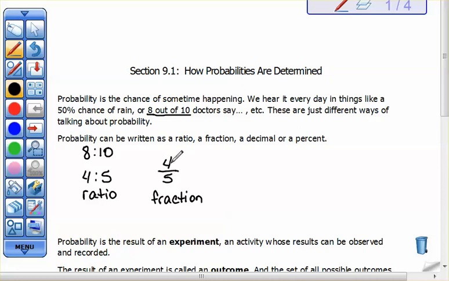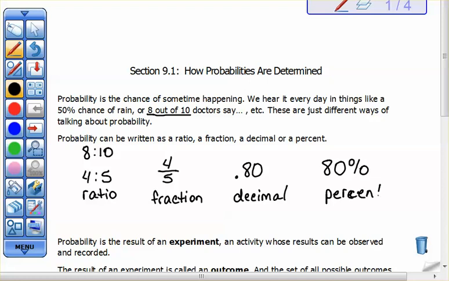So 4 divided by 5 on my calculator gives 0.80. That is the decimal form. And if you'll remember, to change things to a percent, we always move the decimal over 2 places. So as a percent, that would be 80%.